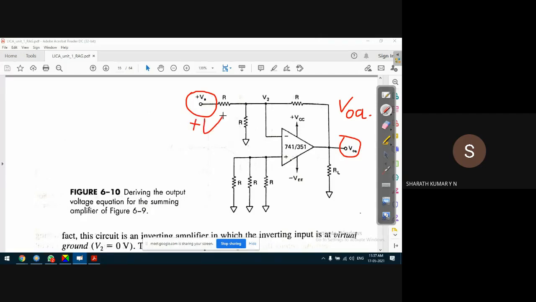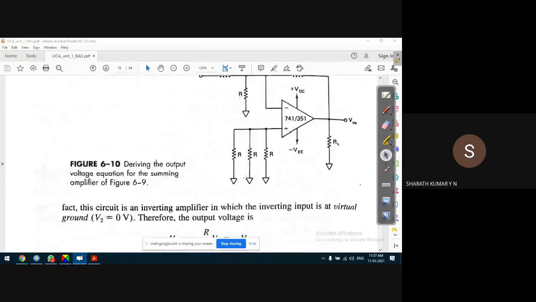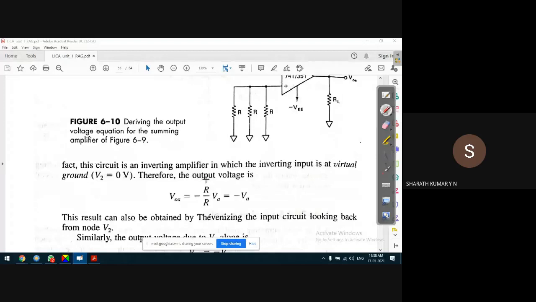It is plus VA. So VOA means output voltage only due to input voltage VA. For this basic circuit configuration, it is an inverting amplifier. So the gain of the inverting amplifier is minus R by R into VA. So the output is minus VA because it's an inverting amplifier, assuming that V2 is equal to 0.